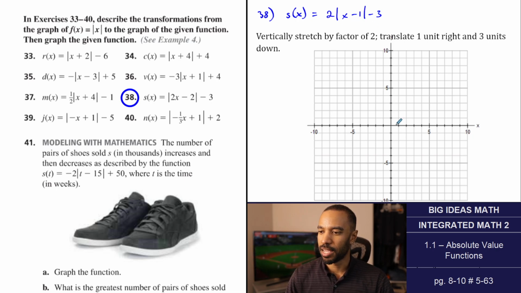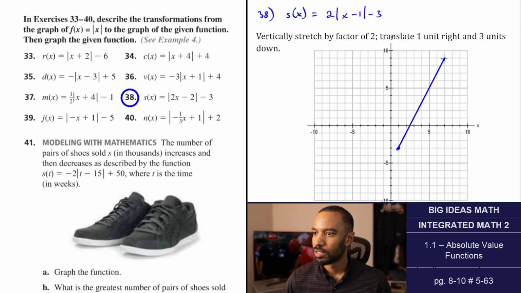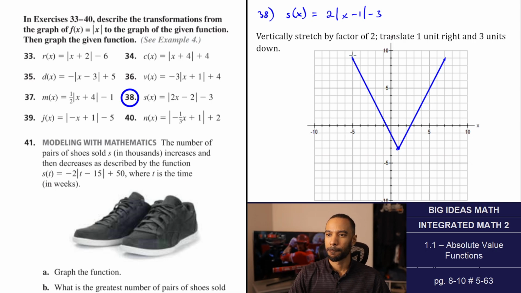Vertex is 1, -3. I'm going to go up 2 over 1 both directions. Up 2 over 1. Like that.